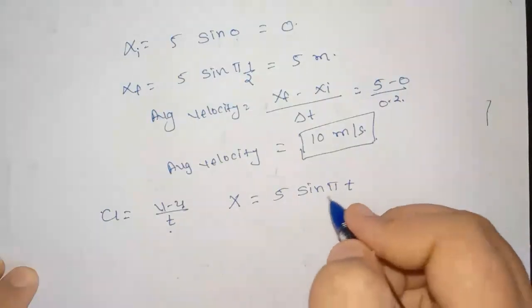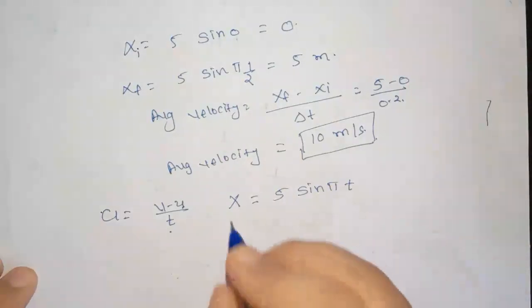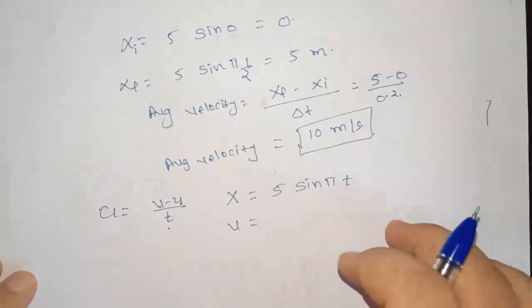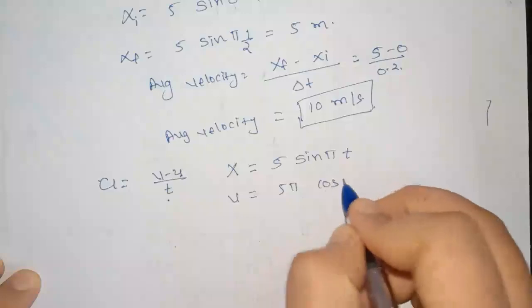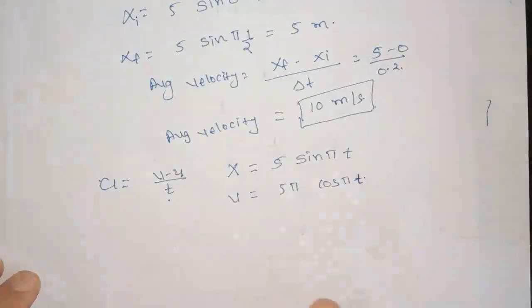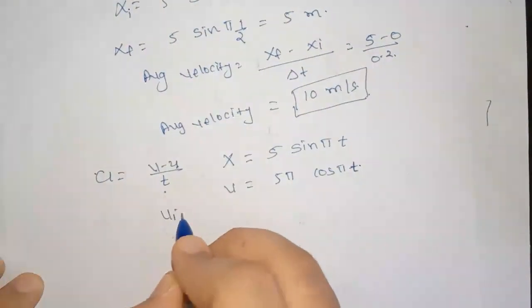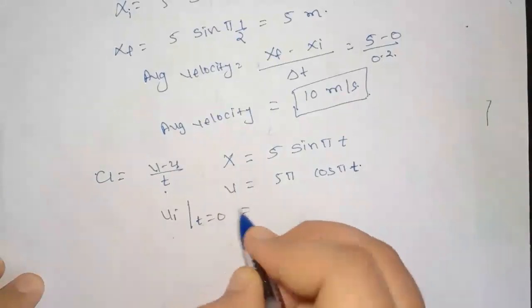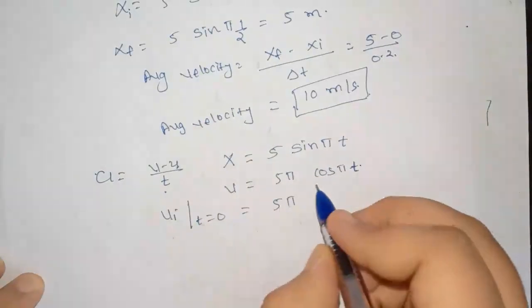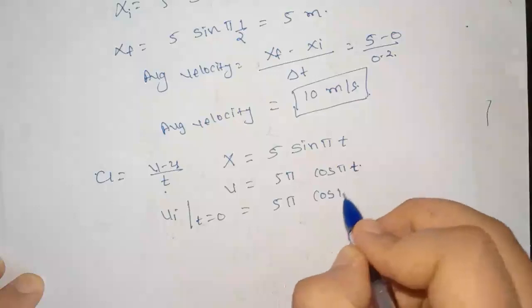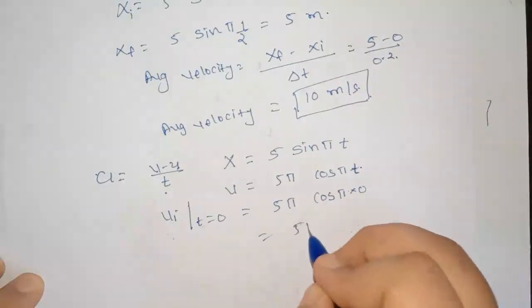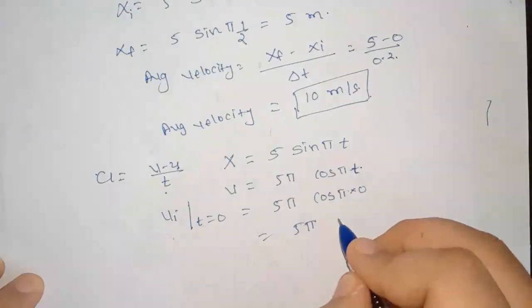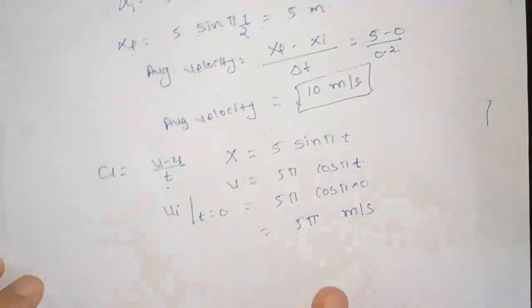If we differentiate this with respect to time, we will get velocity as 5 pi cos pi t. The initial velocity at t equals 0 will be 5 pi into cos pi times 0. Cos 0 is 1, so initial velocity will be 5 pi meter per second.